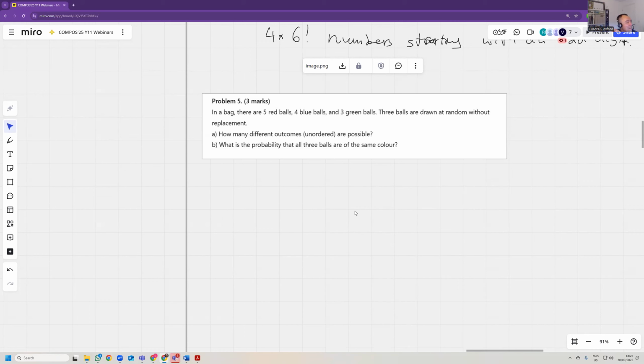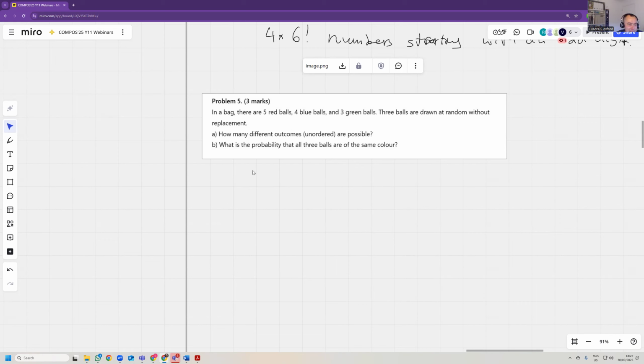If you say picking balls 1, 2, and 3 is different from picking balls 1, 2, and 4, well, it would be true if the balls were not color coded. Basically, the red balls are indistinguishable from one another.